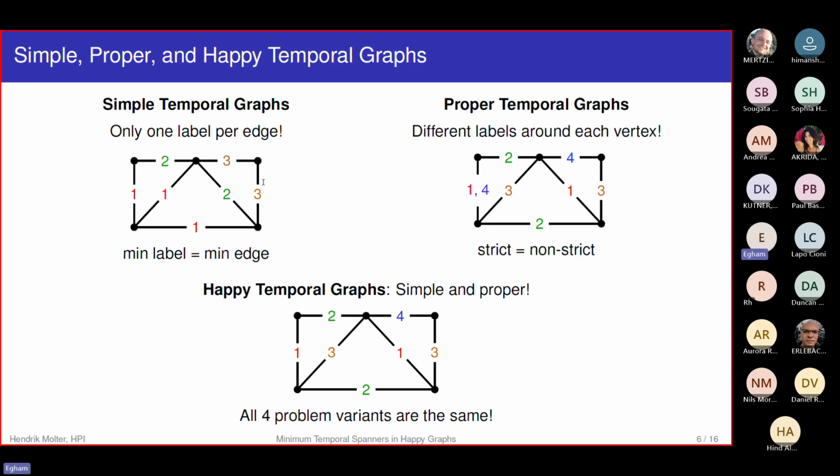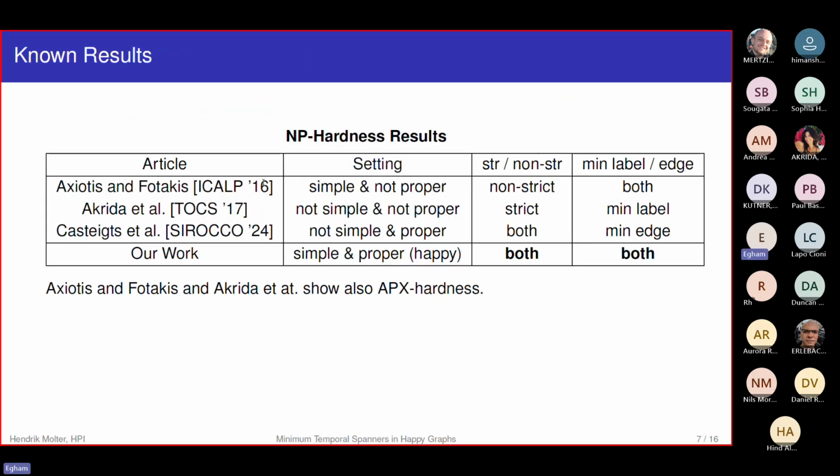Okay, so what is known about temporal spanners as a computational problem? There are a bunch of results here that hold for certain types of temporal graphs, even though they are not necessarily called that in all of these works.